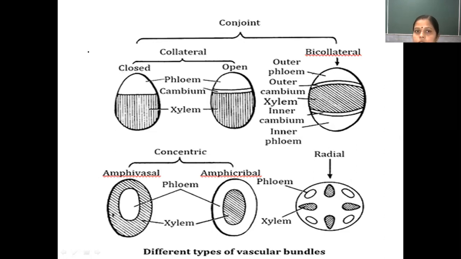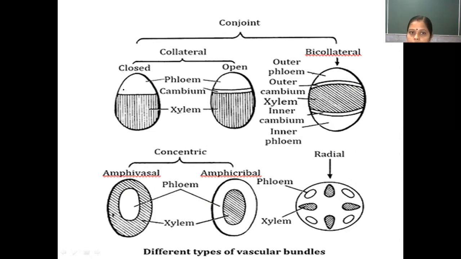Next, collateral is again divided into two types: closed and open. If there is a cambium tissue, a meristematic tissue, found in between the phloem and xylem, then it is called conjoint collateral open type of vascular bundle.